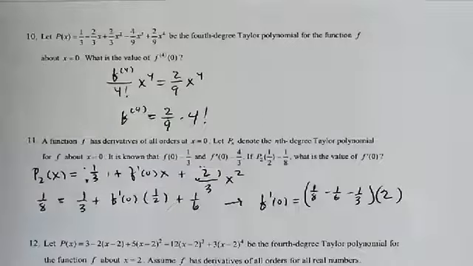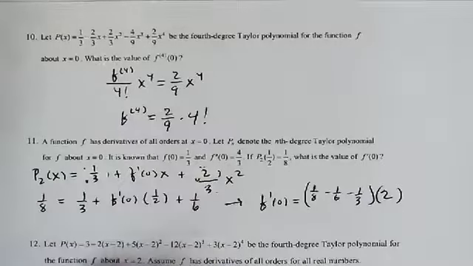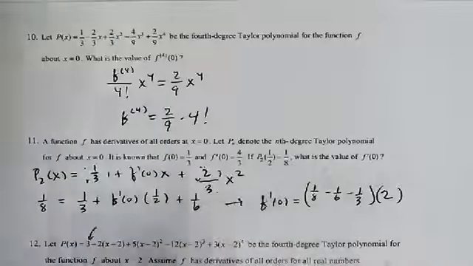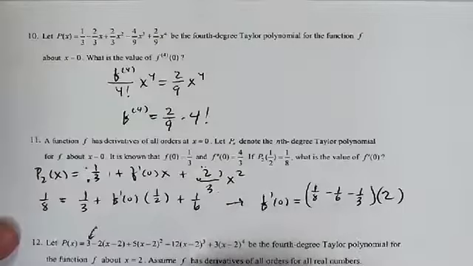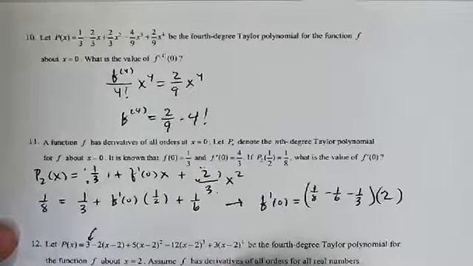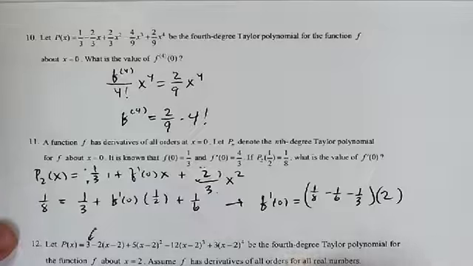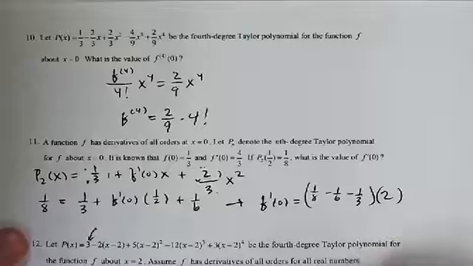Let P be the fourth degree Taylor polynomial for f around x equals 2. Okay, it's infinitely differentiable. Find the value of f of 2. F of 2 is just going to be that first number right here. And then I'm going to assume that's triple prime. It didn't print very well. Just going on the assumption that it's triple prime, f triple prime of 2 divided by 3 factorial multiplied by x minus 2 to the third power is going to be negative 12 of these x minus 2 to the third powers.